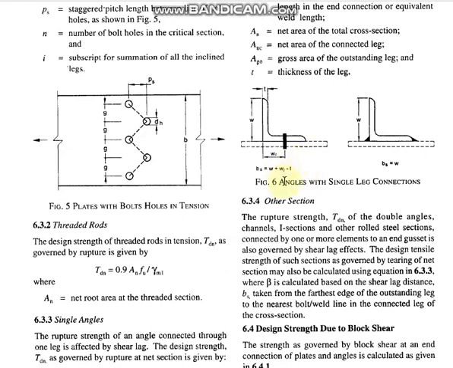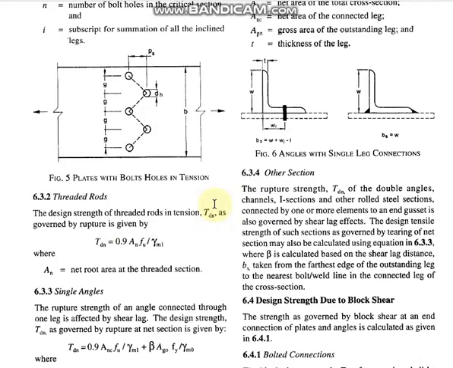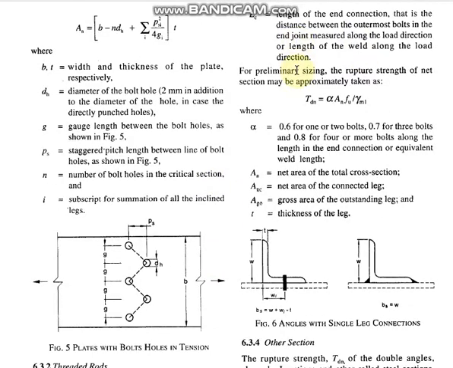It is also given here. bs is the shear lag width, that bs is equal to w plus w1 minus the thickness of this angle. Next, Lc is the length of the end connection, that is the distance between the outermost bolts in the end joint measured along the load direction, or length of the weld along the load direction.